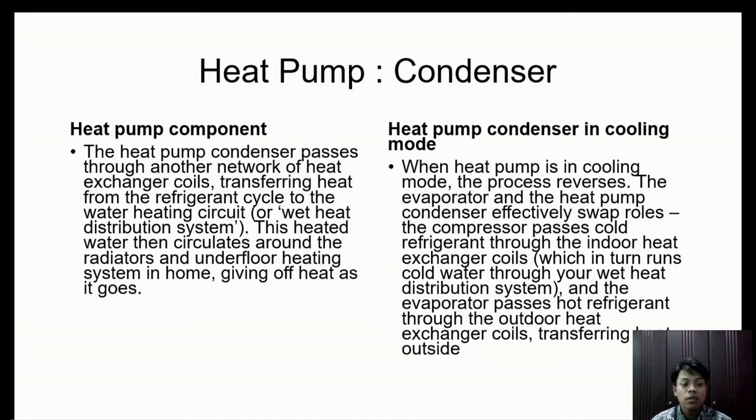This heated water then circulates around the radiators and underfloor heating system in our home and gives off heat as it goes. That means we can see this process when we feel under the refrigerator. We can feel hot at the place.